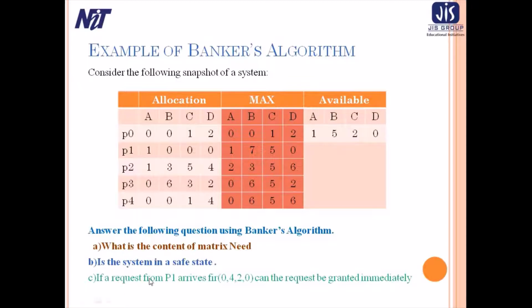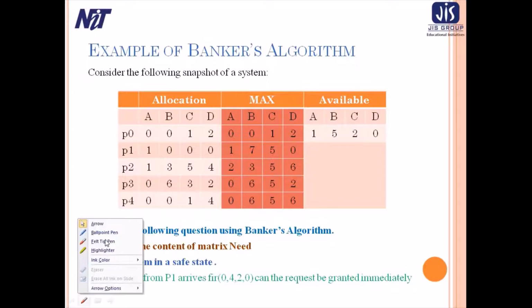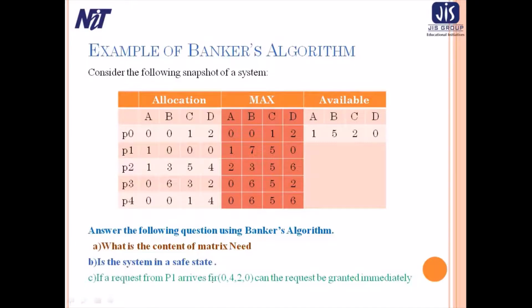That means P1 needs 0 additional instances of A type resource, 4 additional instances of B, 2 instances of C, and 0 instances of D. Can the request be granted immediately or not?